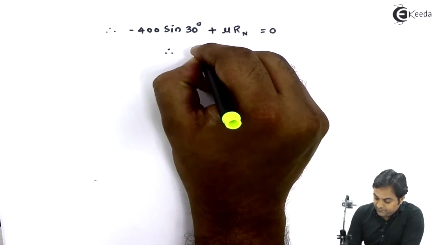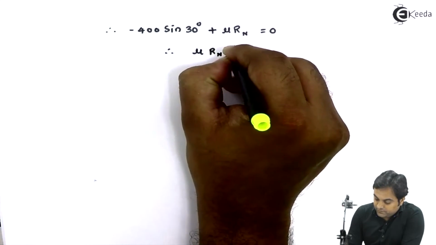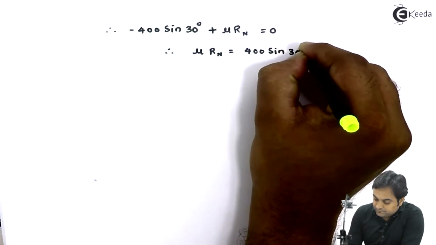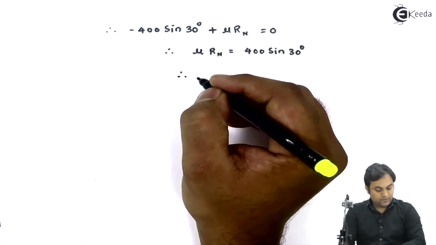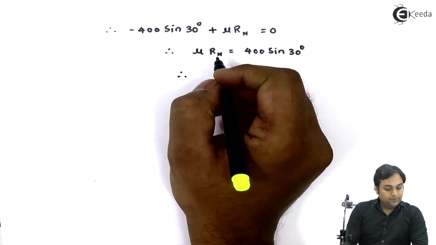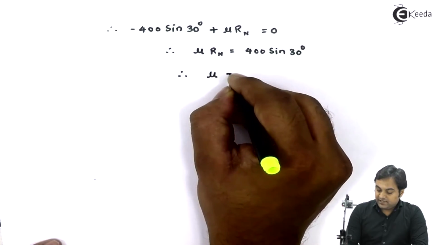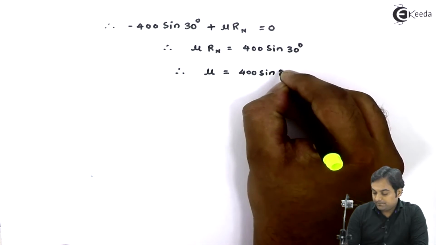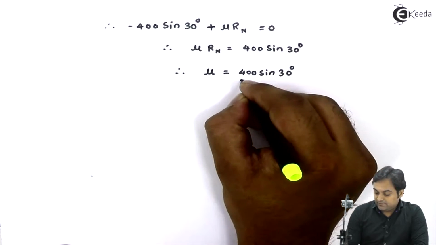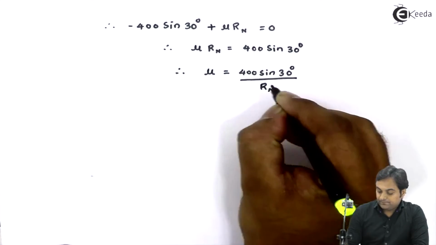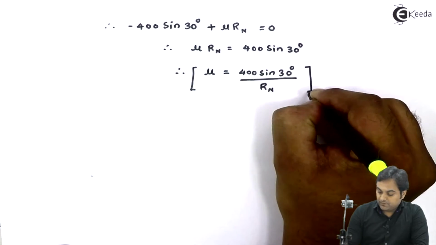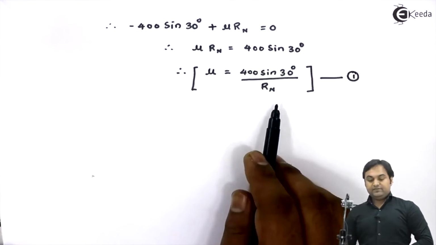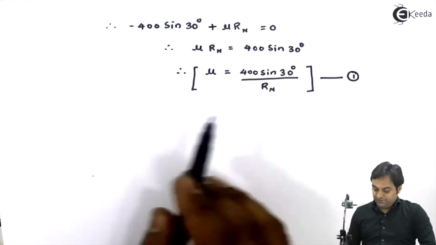Therefore, I will say that mu into Rn is equal to 400 sine 30 degree, and therefore here in this problem, mu is asked as the first question, so I'll say mu is equal to 400 sine 30 degree divided by Rn, normal reaction, this will become my equation number 1. So here I have the first condition from the first equilibrium condition.